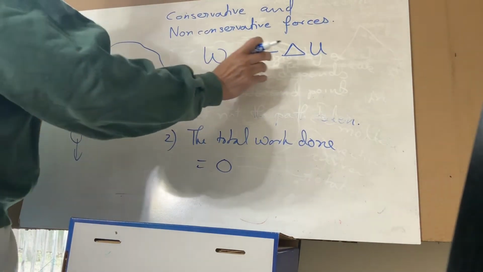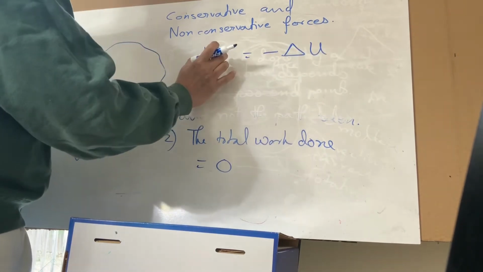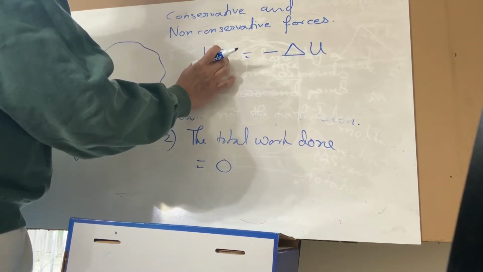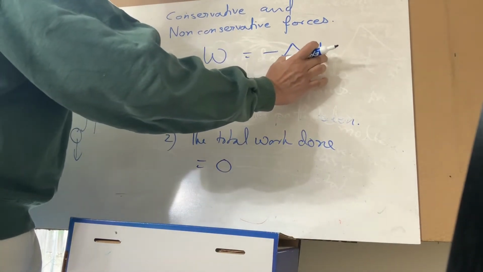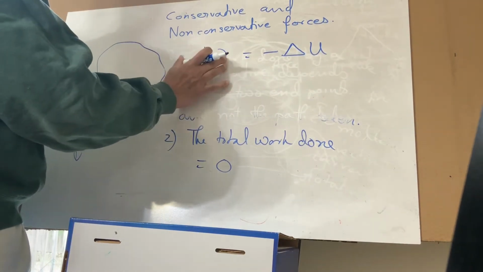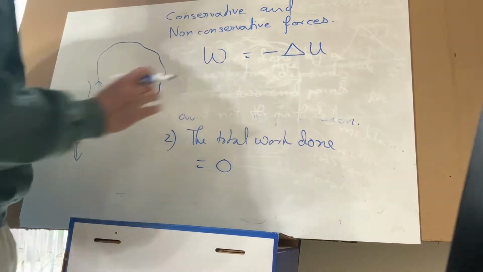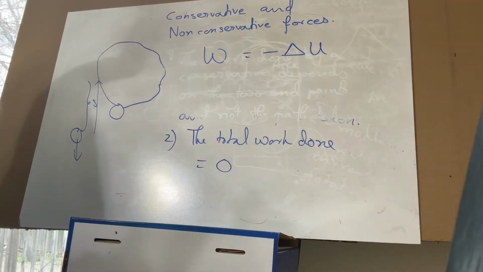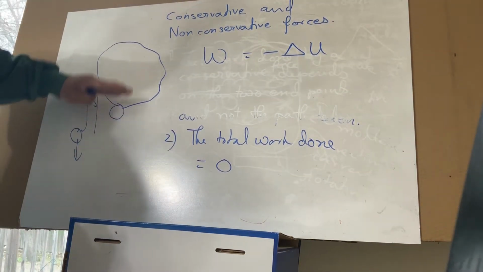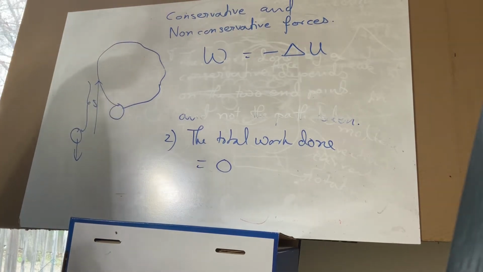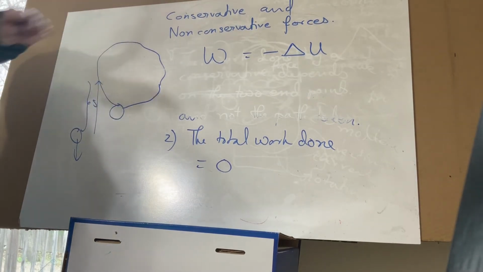So if the work is negative, that negative and negative will cancel, and the change in potential energy is going to be positive. In other words, the potential energy is going to increase in going from here to here.